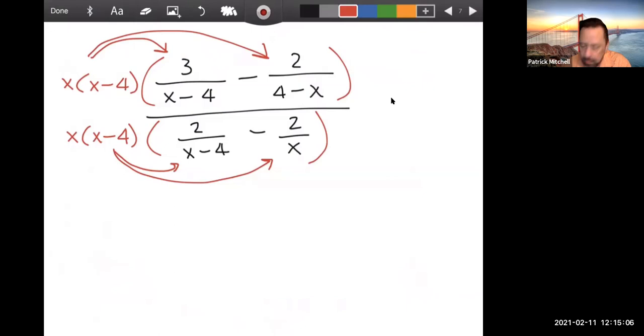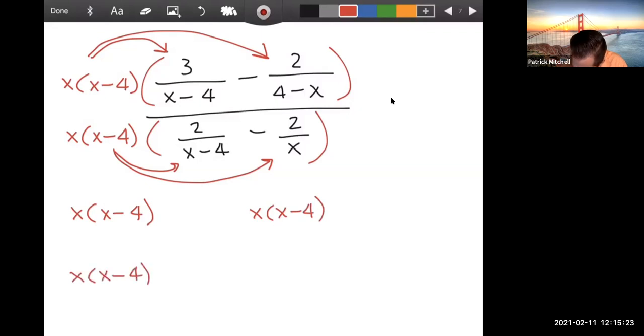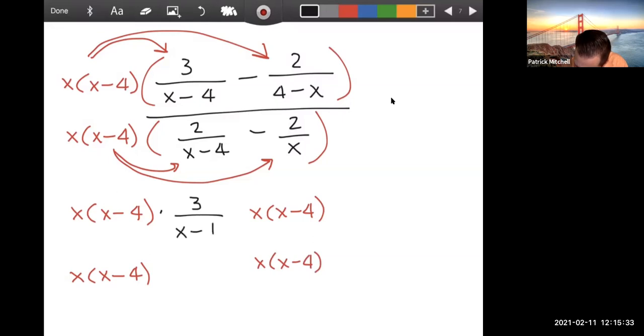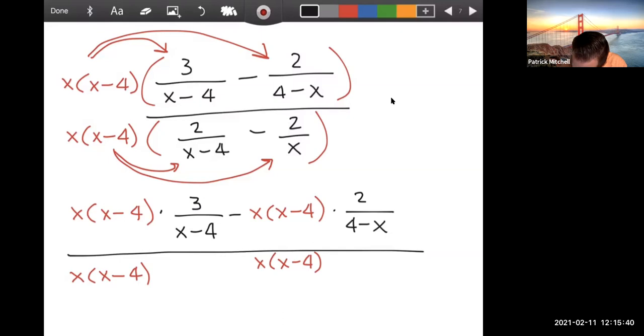All right. Okay, so when we distribute those x minus 4s, here's what we end up with. Let's see, I will go ahead and just write x minus 4, leave a space there, x minus 4, x minus 4, and you get an x minus 4. Okay, and those are all parked next to my different little fractions, all over.